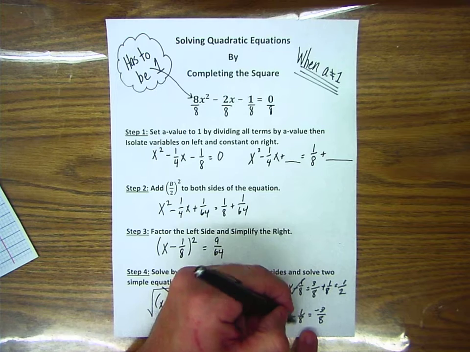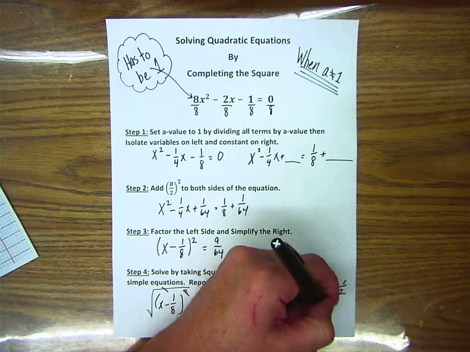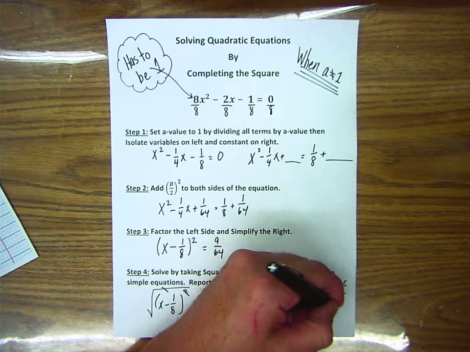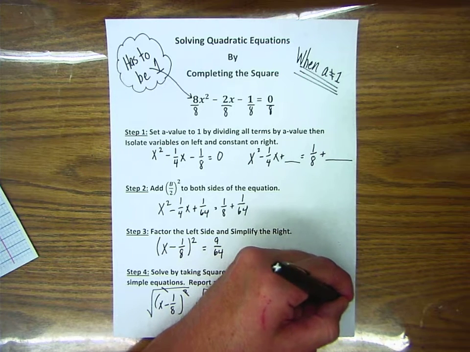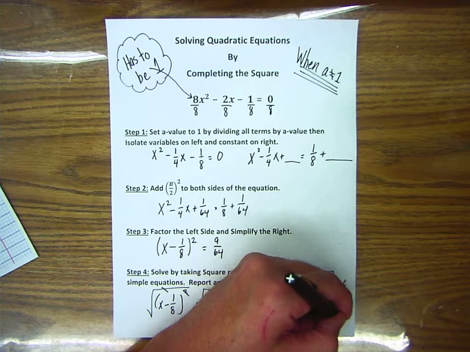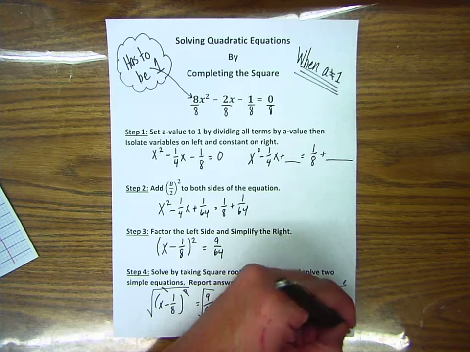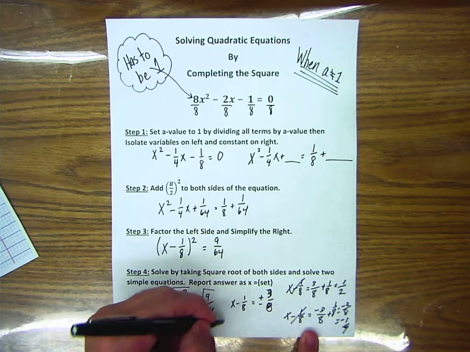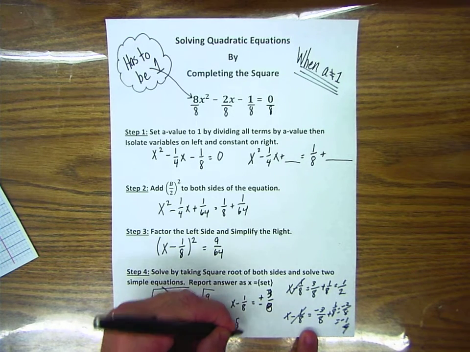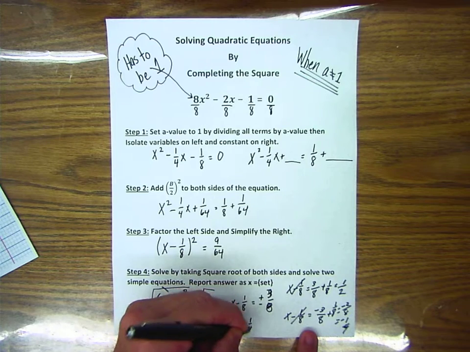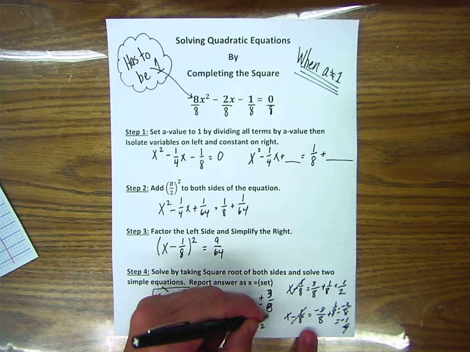And then when I add 1/8 to both sides here, I get negative 2/8, which is also equal to negative 1/4. So my two answers are x is equal to the set of numbers negative 1/4 and 1/2.